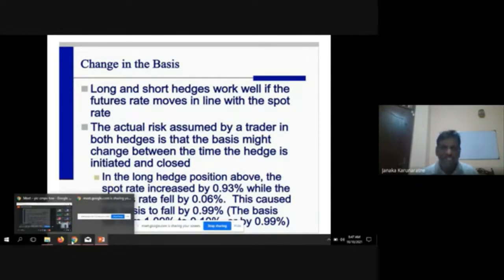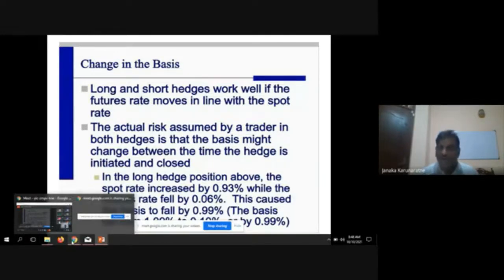You see, in the previous example, when the cash market interest rate changes by 1%, the future market interest rate changes only by 0.29%. So the net difference is positive 0.71%. That means that risk we have to take, right?